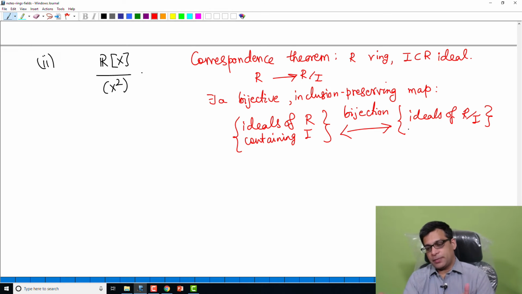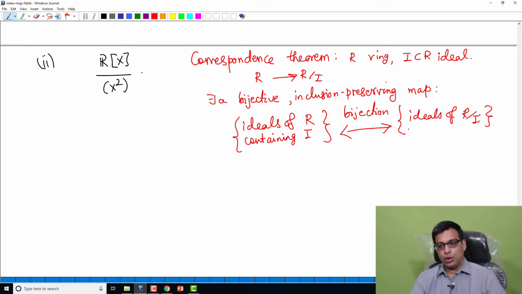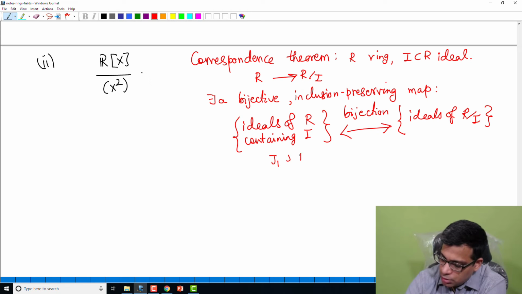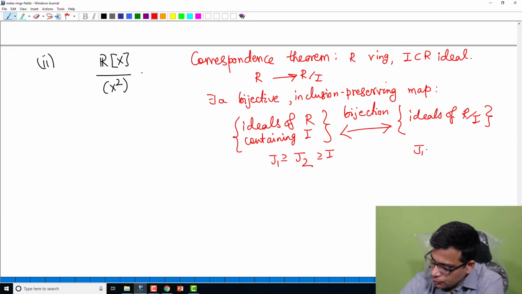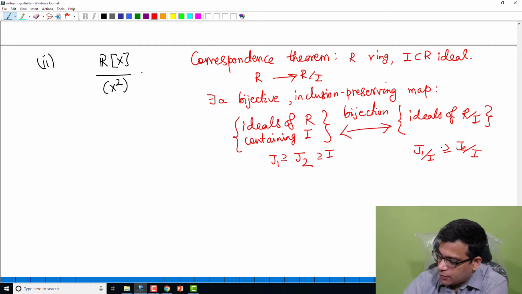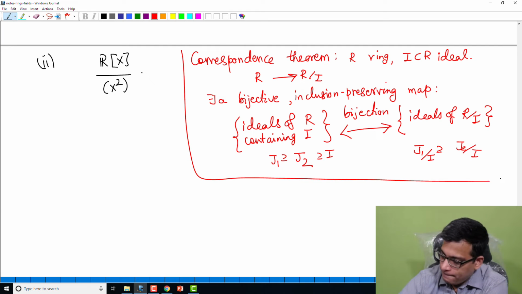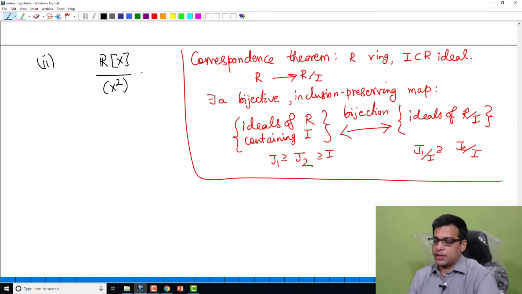So there is a bijection we have seen, and why is it inclusion preserving? If J1, J2 are ideals that contain I, and J1 is contained in J2, the corresponding ideals also have the same inclusion. In other words, the inclusion of J1 in J2 is preserved. So I am going to use this correspondence theorem.